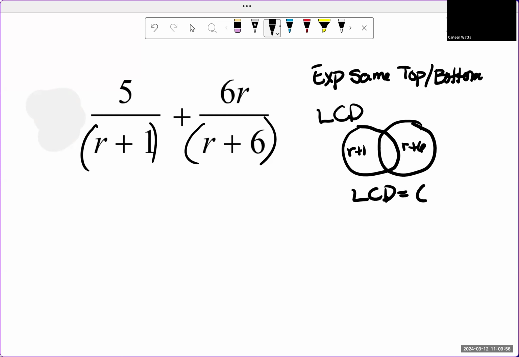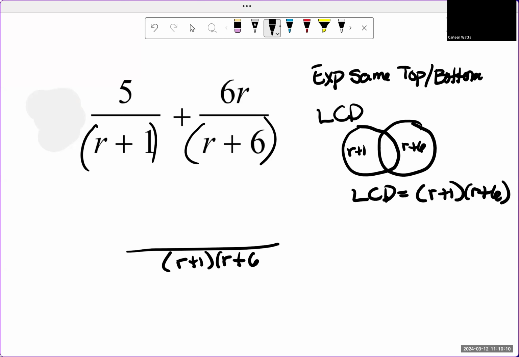The least common denominator is R plus 1, R plus 6. Okay, now we're at your step.